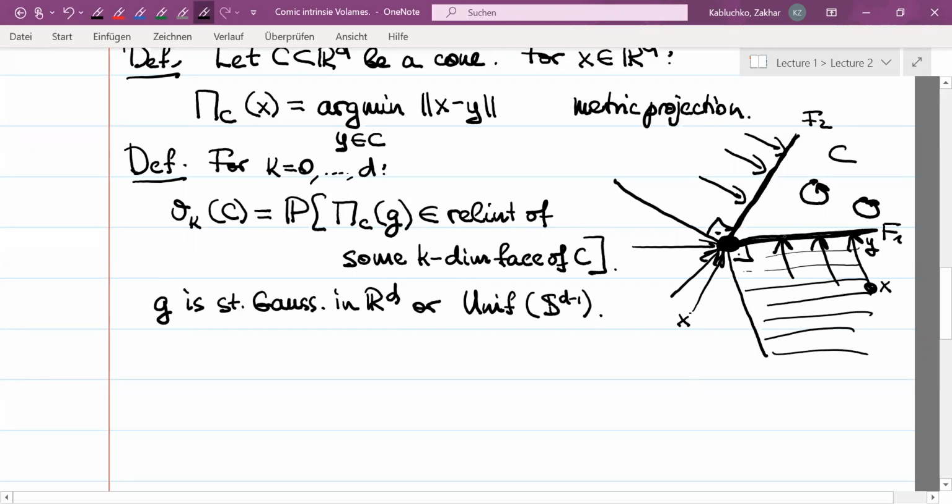So we take here a random point on the sphere, and we look at the projection of this point. For example, if this point is here, or a random point in the ball, you may take uniform distribution on the ball as well, B^d.